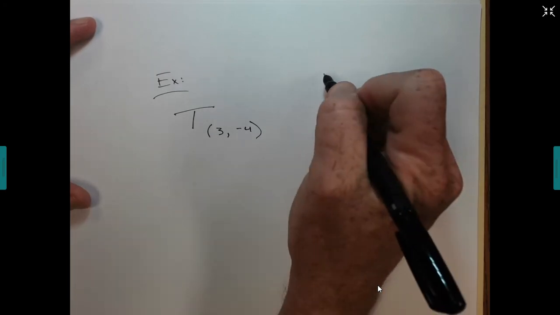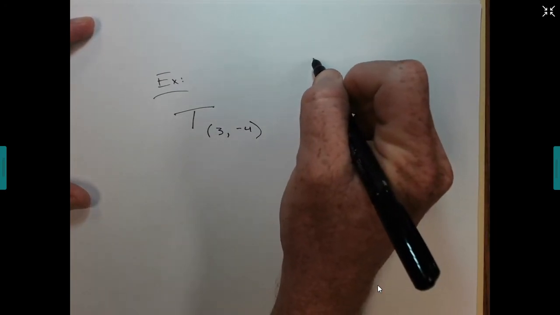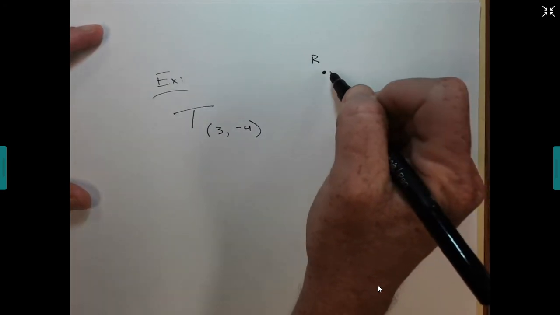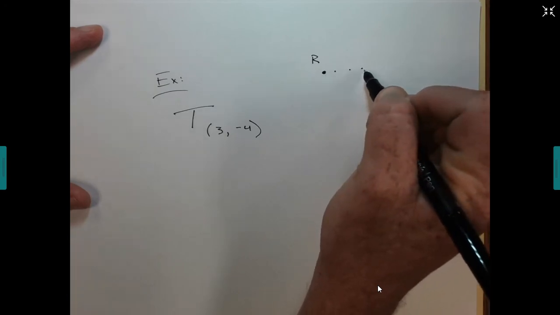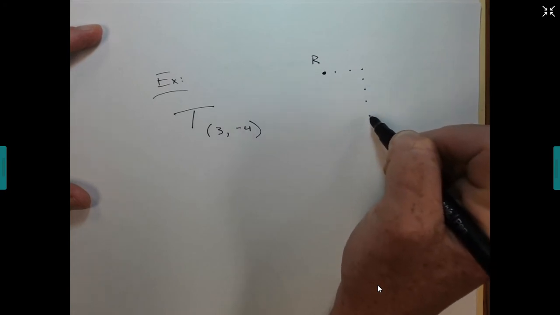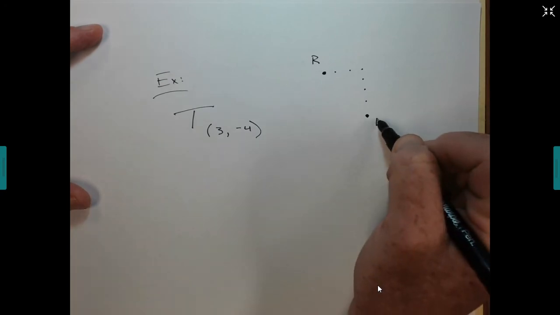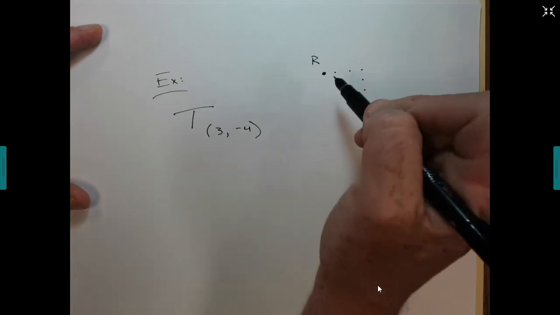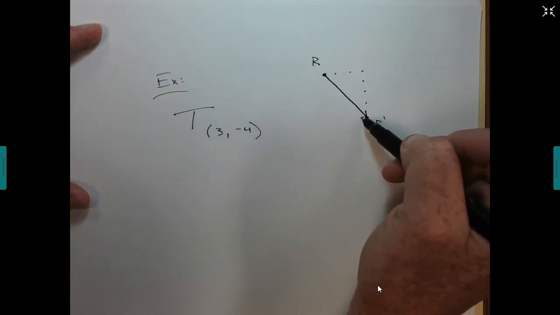However many points that is, every point, whatever it is, let's use the point R. Every point is going to be going to the right 1, 2, 3 units, and it's going to be going down 4 units. And here's where the image of R would end up. Again, R did not go over to the right and down. R traveled in this diagonal movement.